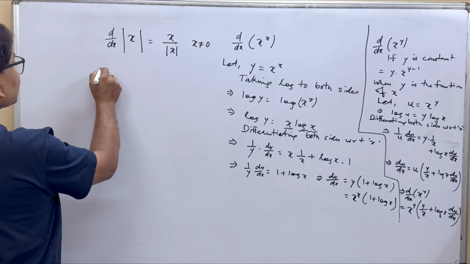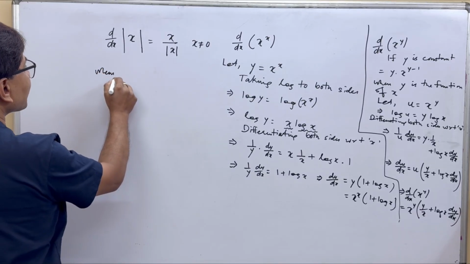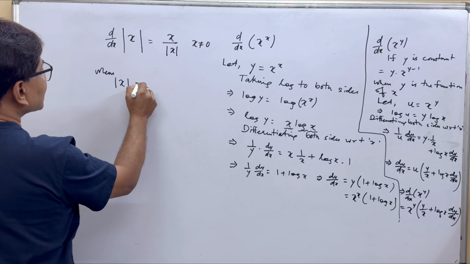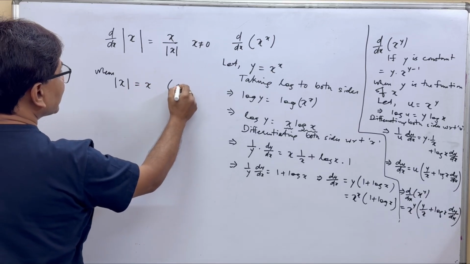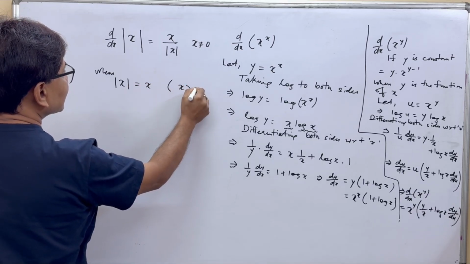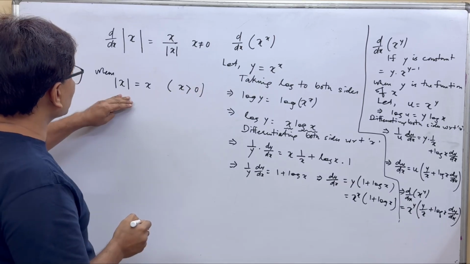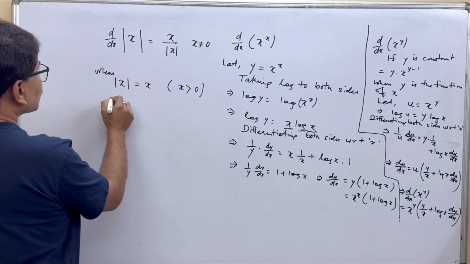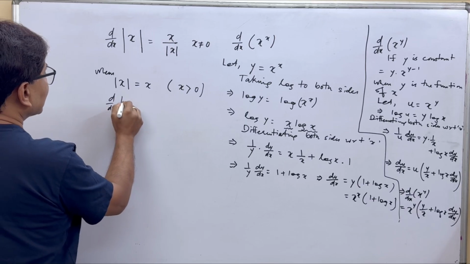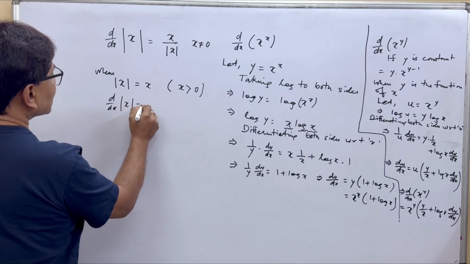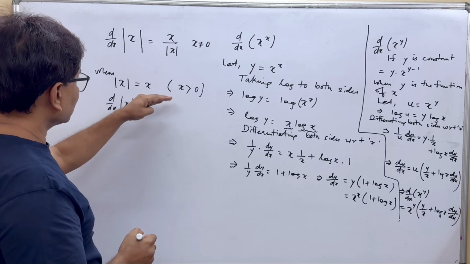So when mod x equals x, that is when x is greater than 0, suppose we are considering that, mod x equals x, so d/dx of mod x equals 1 only.